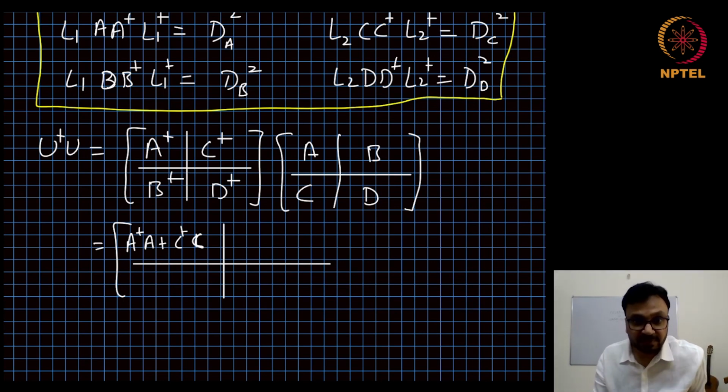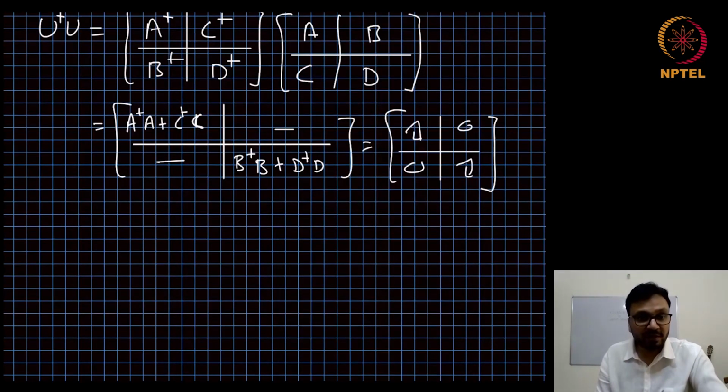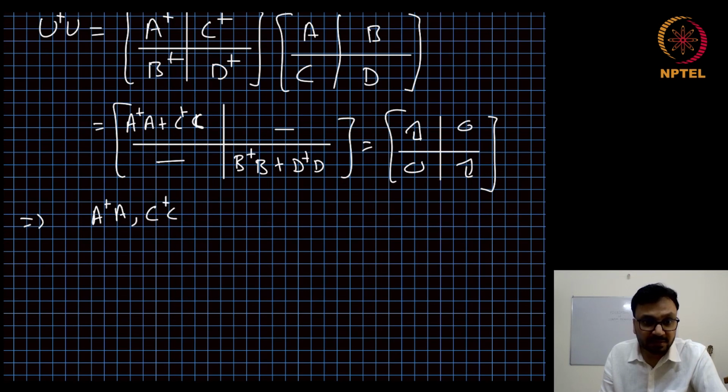We did not use them in the previous one, so we will not use them here. B dagger B plus D dagger D, and this must be equal to identity, with 0, 0 off diagonal. From here we can see that A dagger A commutes with C dagger C, and B dagger B commutes with D dagger D.